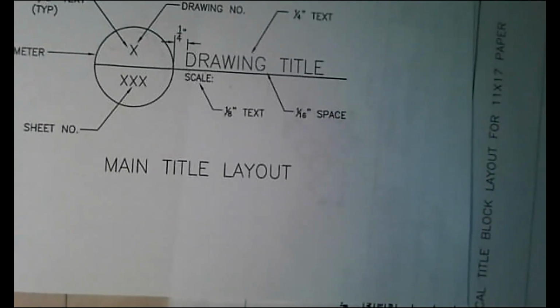That should take care of the first half of class. And then the second part of class, we're going to start assignment number 3, which is isometric and orthographic views.